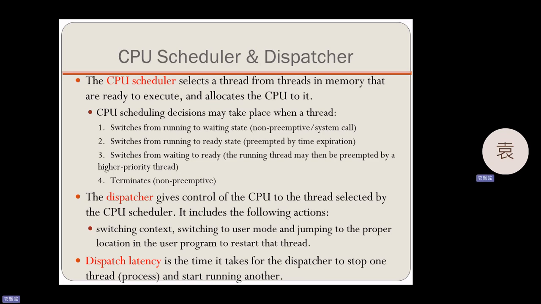The next case is when a waiting thread switches its state from waiting to ready. This usually happens when a device finishes its I/O completion and generates an interrupt, so the operating system is interrupted and the running process is temporarily suspended, and the operating system changes the blocked process from the blocked state to the ready state.